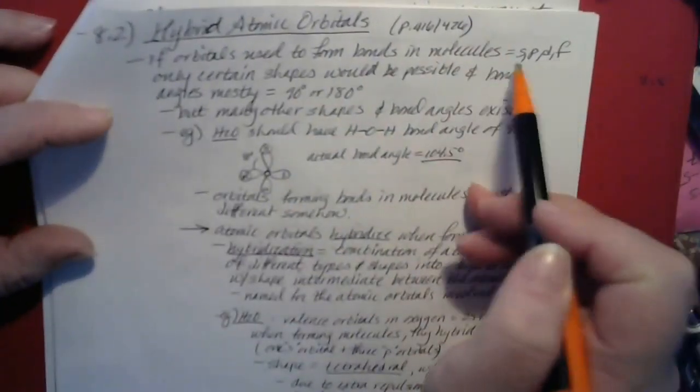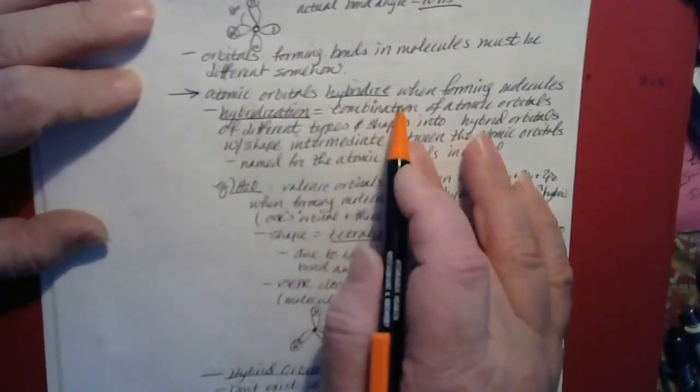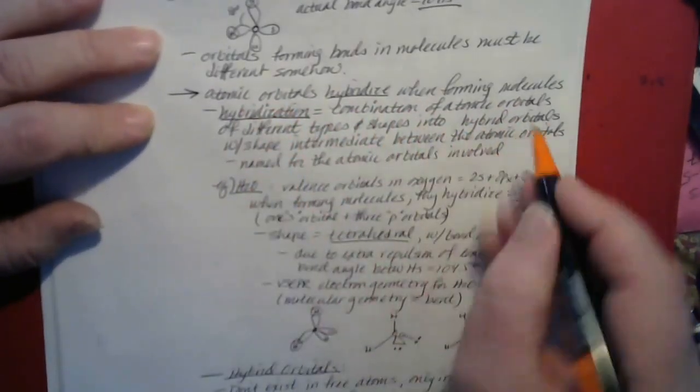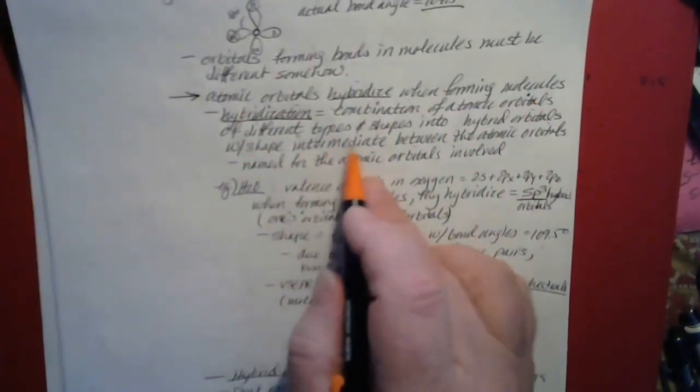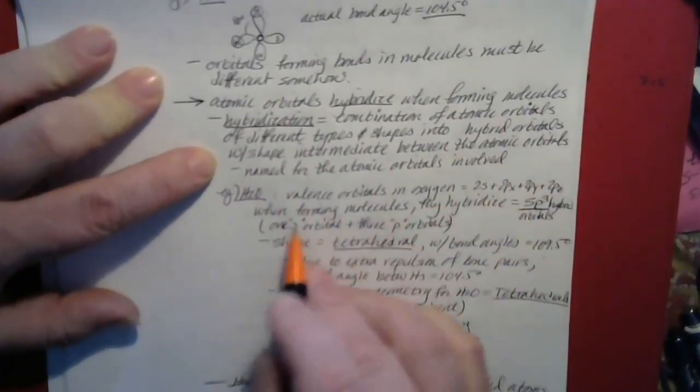And the conclusion was, well, the orbitals that form the bonds in the molecule must be different somehow from the orbitals that are found on free atoms that are not involved in bonds, the s, p, d, and f orbitals. And the conclusion was that what happens is that the atomic orbitals hybridize when forming molecules, and hybridization is just sort of a combination of atomic orbitals of different types and shapes into hybrid orbitals with shapes that are sort of a combination of the shapes of the orbitals that went into the hybrid.